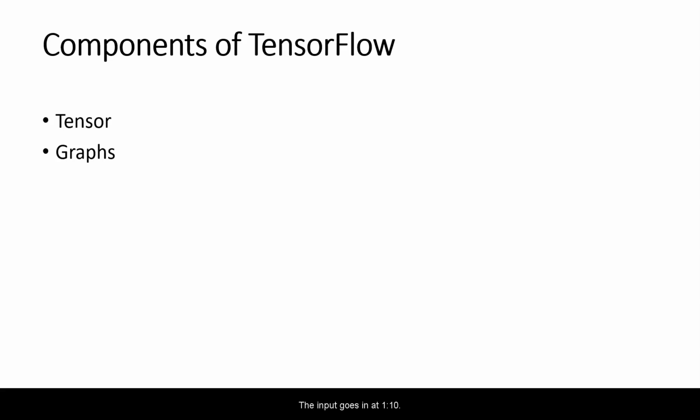The input goes in at one end, flows through this system of multiple operations, and comes out the other end as output. And this is why we call the framework TensorFlow, because the tensor goes in, flows through a list of operations, and then comes out on the other side as output.